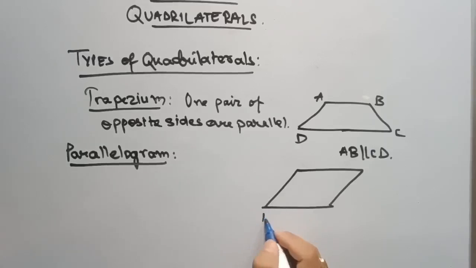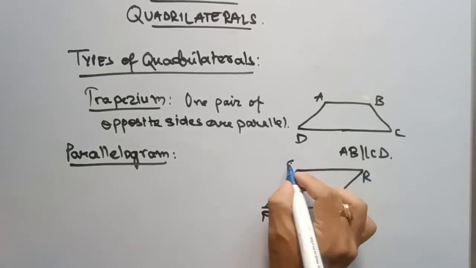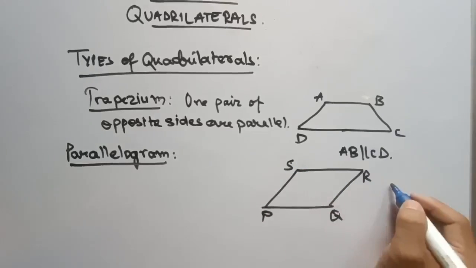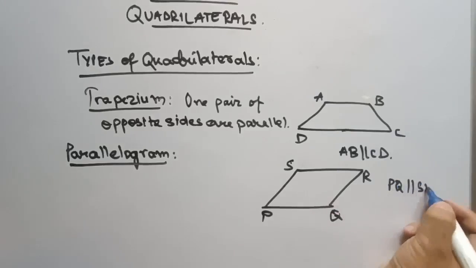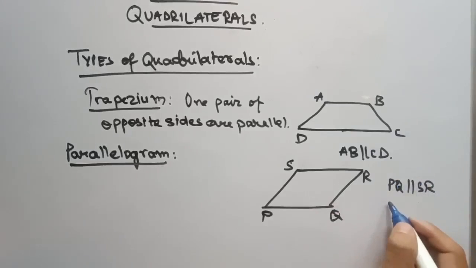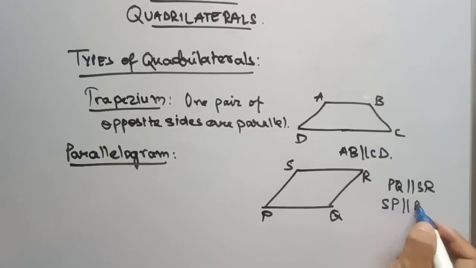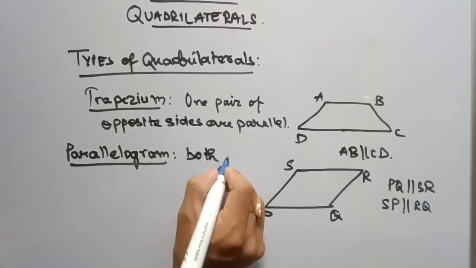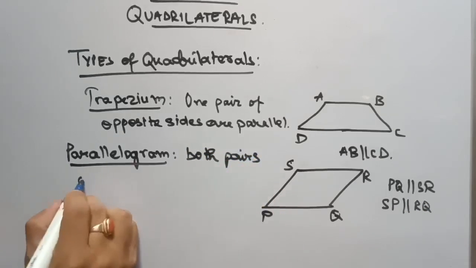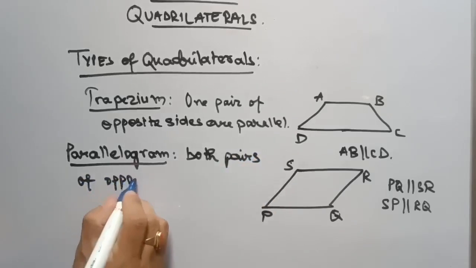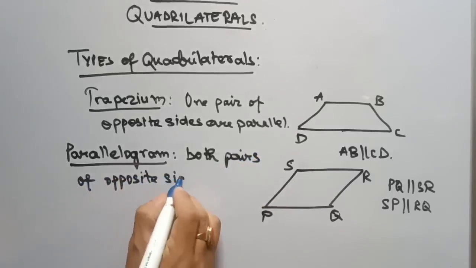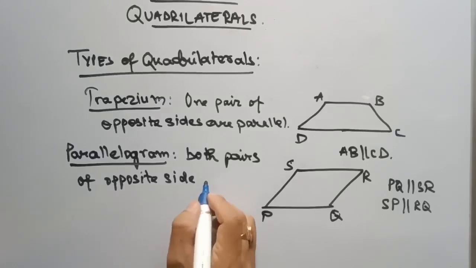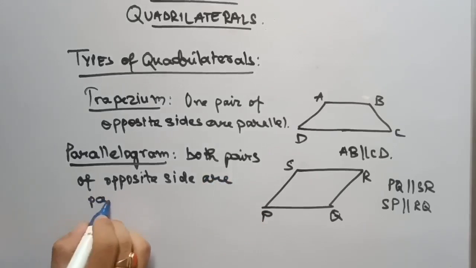For example, in this parallelogram PQRS, both pairs of opposite sides, this is PQ is parallel to SR and SP is parallel to RQ.